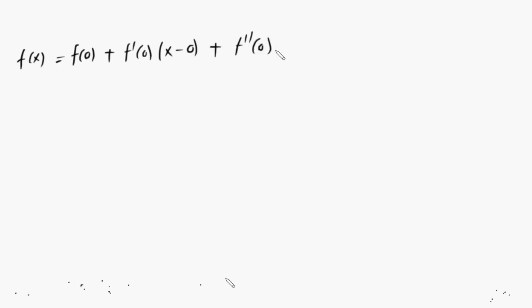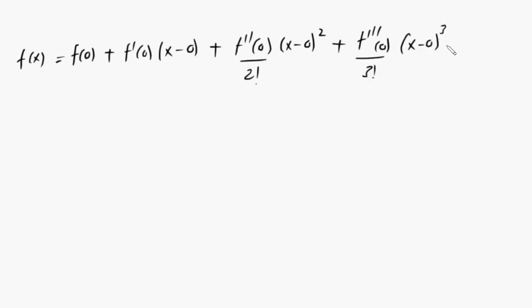So my Taylor series, replacing a, is f of 0 plus f dash 0 times x minus 0, plus the second derivative times x minus 0 squared over 2 factorial, plus the third derivative of 0 over 3 factorial times x minus 0 cubed, and so on. So my f of x is cos x.